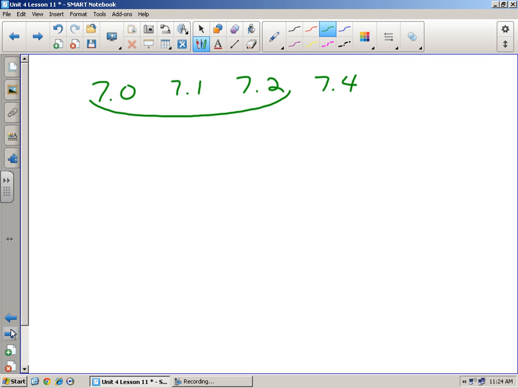Because the 7.4 is within 0.2 here. But 7.4 to 7.1 is too far of a spread, yes? So you cannot use this one as your average, okay? Only at least 3 within 0.2, and the only ones that are within 0.2 are those 3 there. So you would not use the last one, okay?